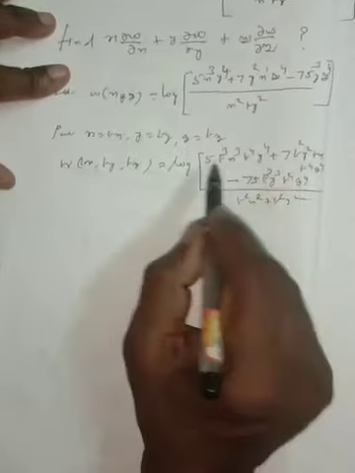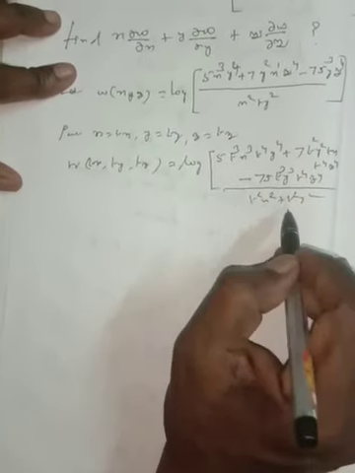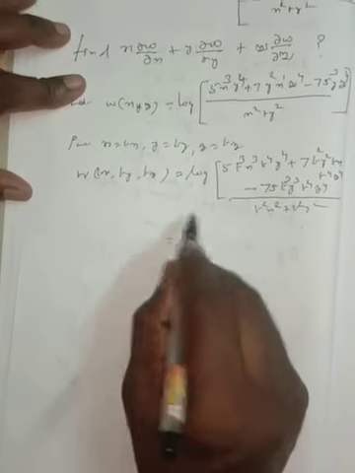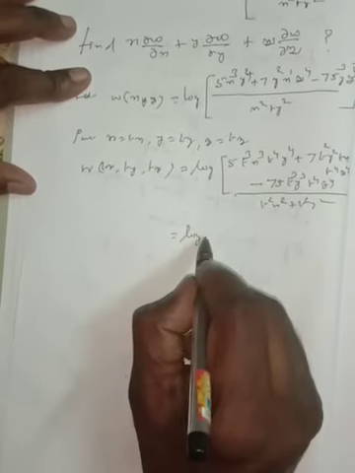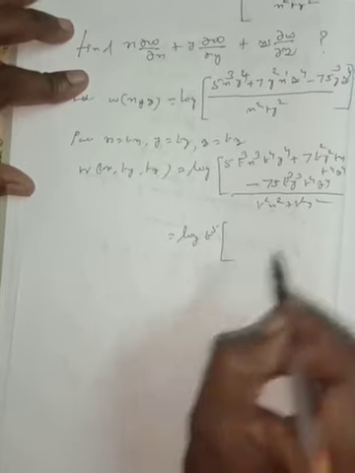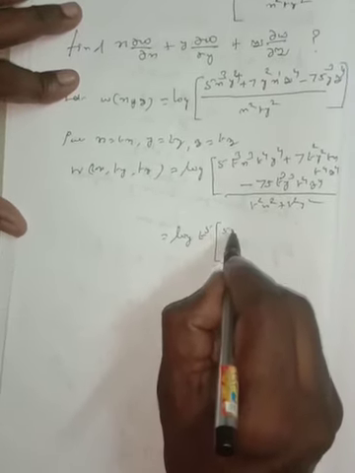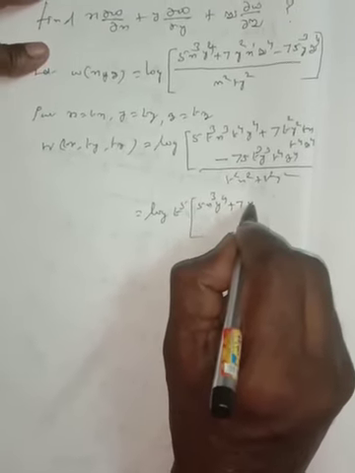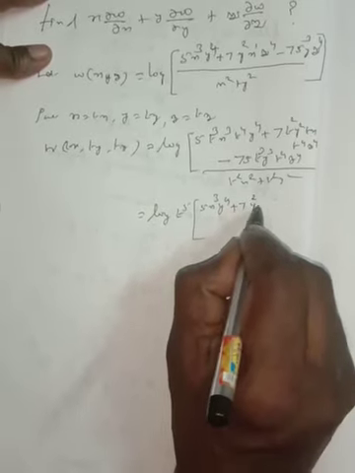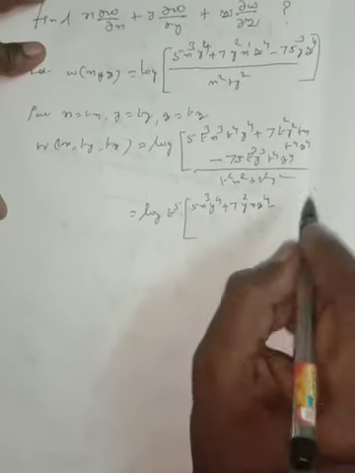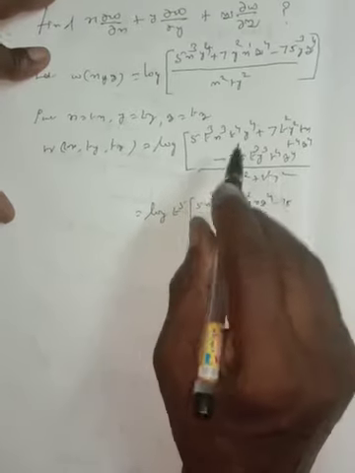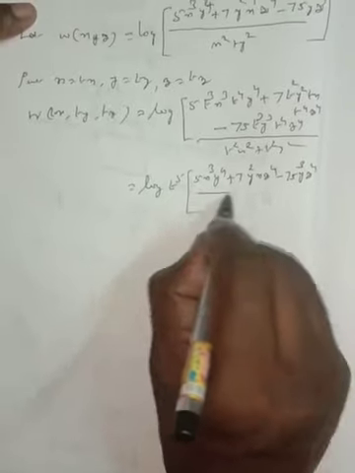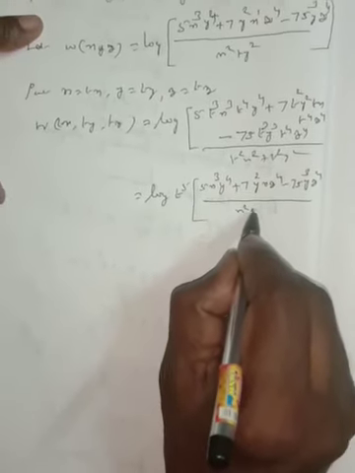Now the numerator has t to the power of 7 common, the denominator has t to the power of 2 common. Cancelling, we get log of t to the power of 5 times (5x³y⁴ + 7y²xz⁴ − 75y³z⁴) divided by (x² + y²).